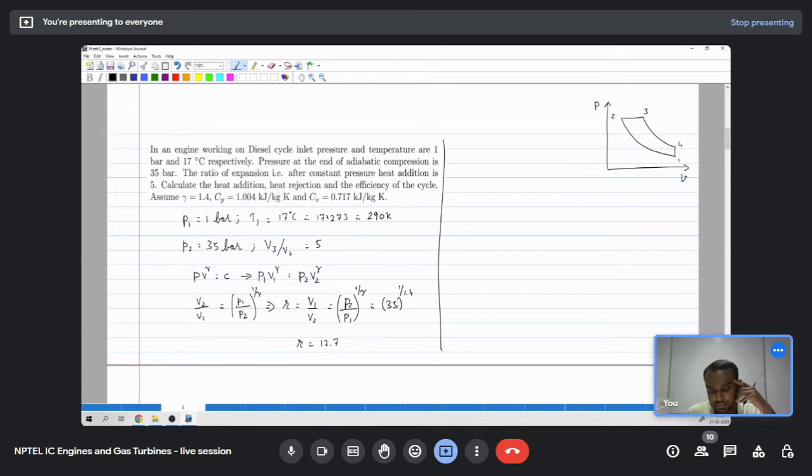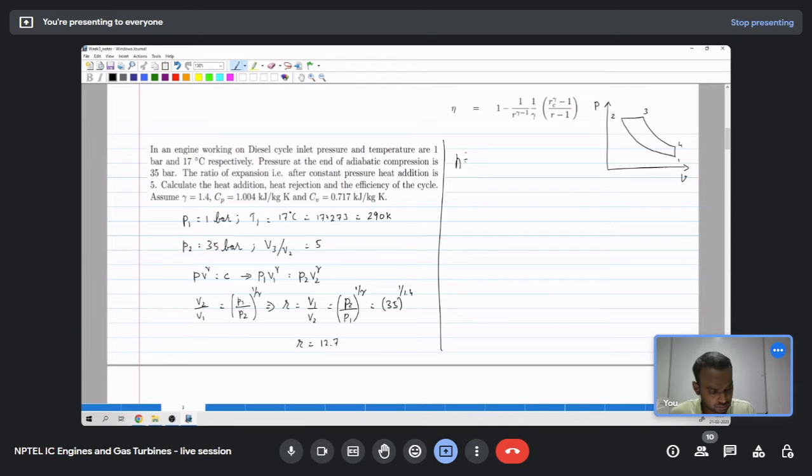Now the ratio of expansion is given. We know the compression ratio, so we can calculate the efficiency. So we have this efficiency formula.